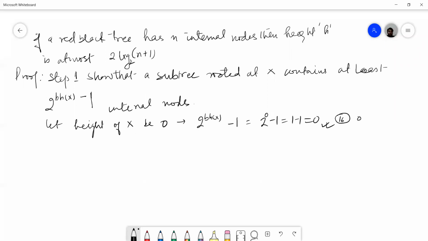So in induction, what we do, we first assume for the basic case and then we assume for a general case. So now we will assume that suppose there is a subtree which is rooted at x, and x has both a left child and a right child. Then how many internal nodes can it contain? Okay. So now step 2, what we'll do?